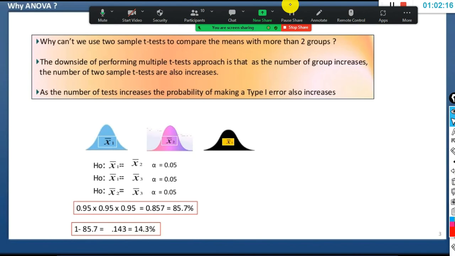Since you are conducting three tests using the two independent sample t-test, your confidence level goes down and your risk increases. If you subtract this from 1, that is your risk level. The risk level goes high and the confidence level goes down. That is the reason why we cannot use the two independent sample t-test.